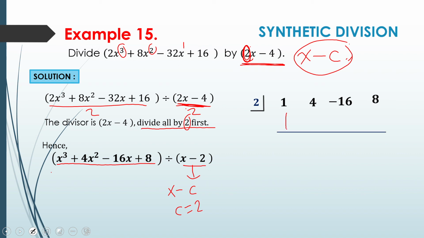You start by putting down the 1, you multiply, 1 times 2 is 2, you add 4 plus 2, 6. Repeat the same step. 6 times 2 will give you 12. And then add minus 4 times 2 will give you 8 minus 8. And then you add here 8 minus 8 is 0, meaning nothing is left.